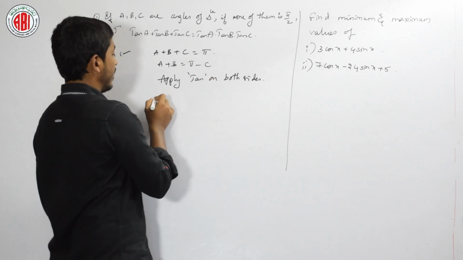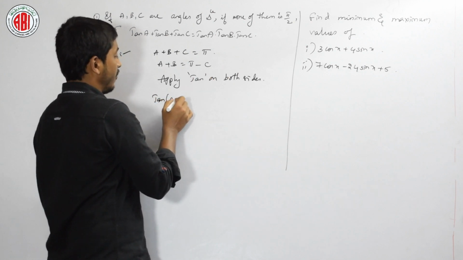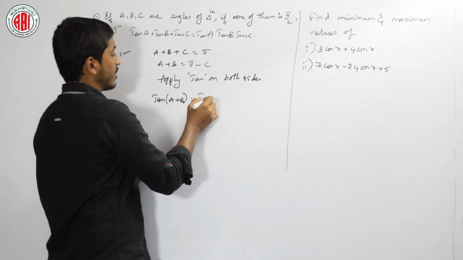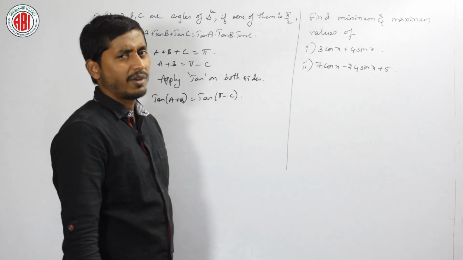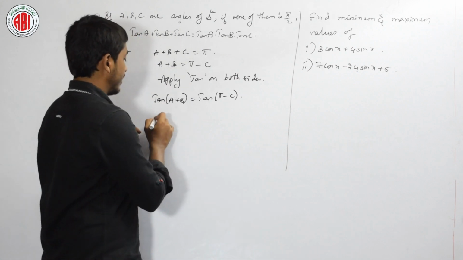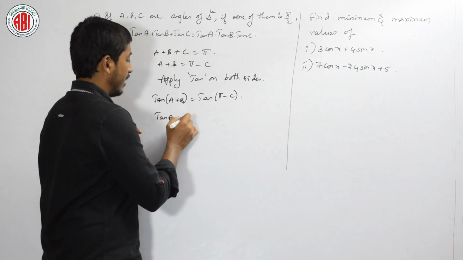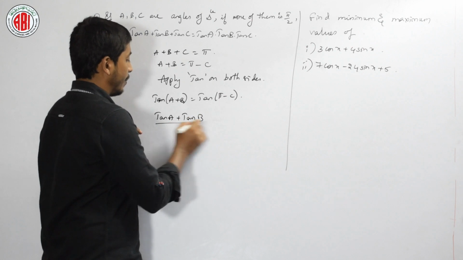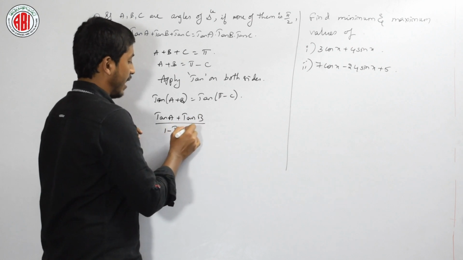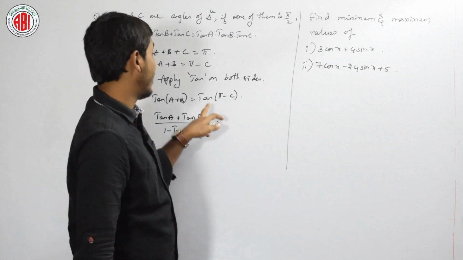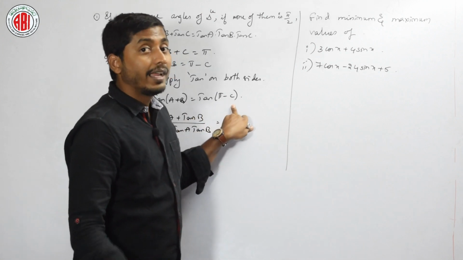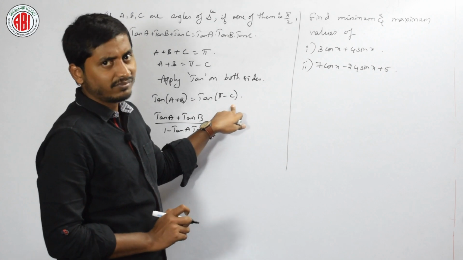Now, let us see here, it will become tan of a plus b is equal to tan of pi minus c, right. What is the formula of tan of a plus b? That is tan a plus tan b by 1 minus tan a tan b, right. What is the value of tan of 180 minus theta? It is in the second quadrant, isn't it?